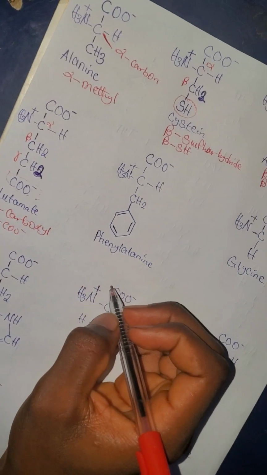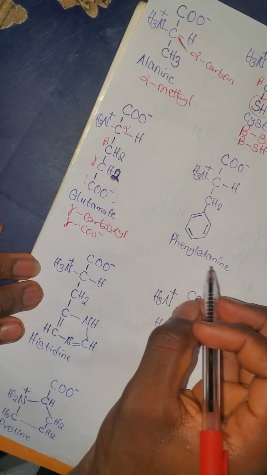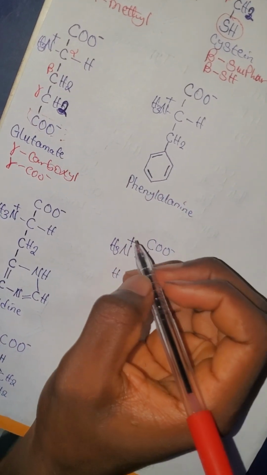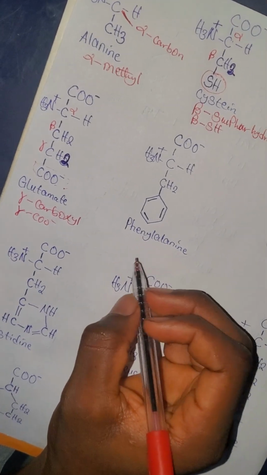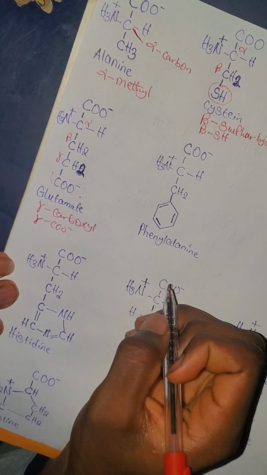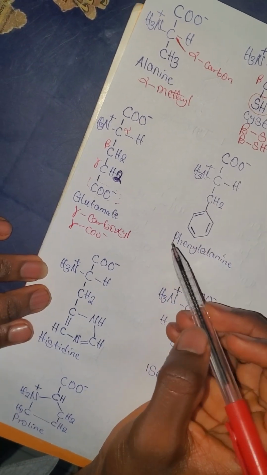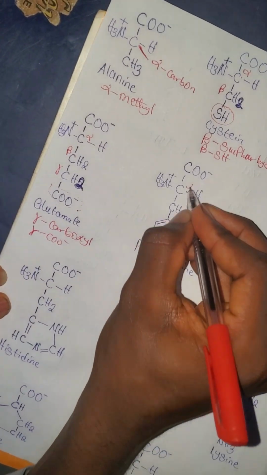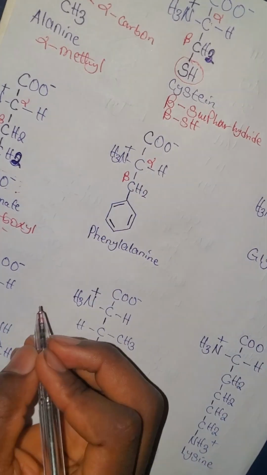The next one here is your phenylalanine. Phenylalanine is an aromatic amino acid, because it has an aromatic ring attached to one of the carbon atoms in the structure. The first carbon here is the alpha carbon. We also have the beta carbon.